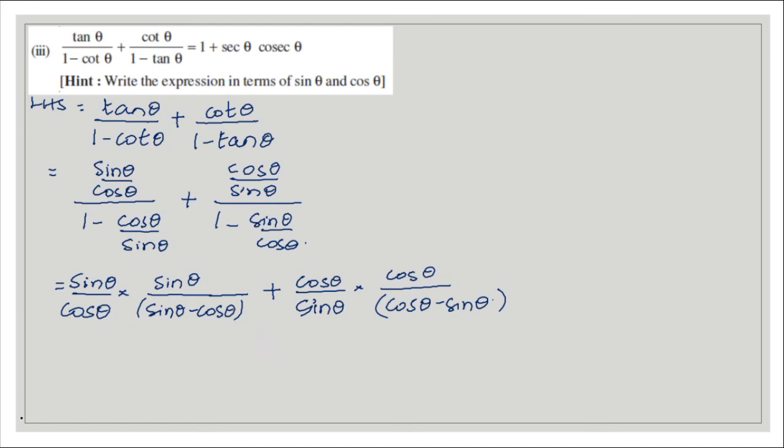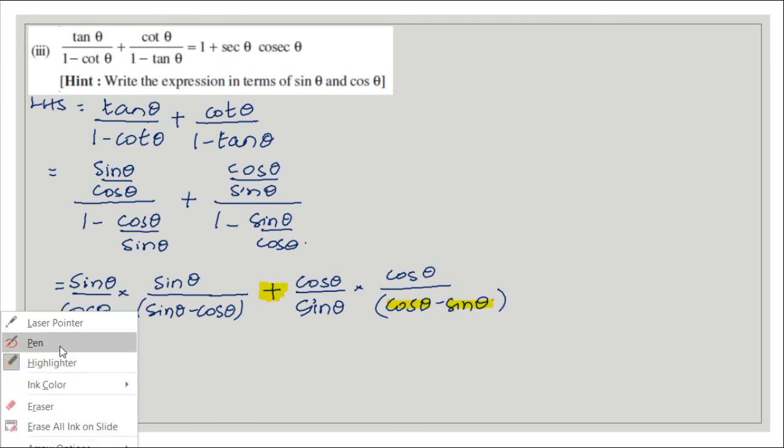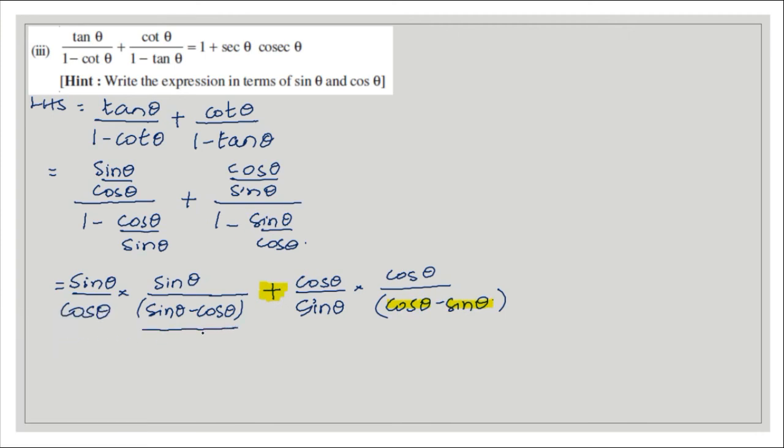Now I'll follow a trick. What is the trick? Here you observe there is a positive sign. Here we have cos theta minus sin theta, and in this particular term we have sin theta minus cos theta. Here it's reversed. I can make this the same just by multiplying by a negative. So I will write this expression as sin square theta divided by cos theta into sin theta minus cos theta.